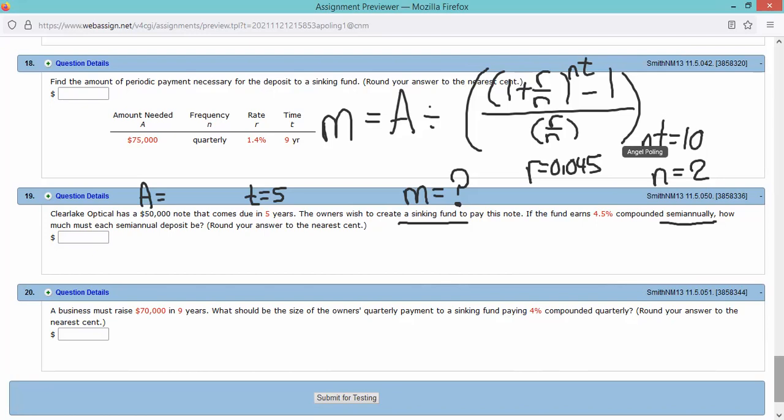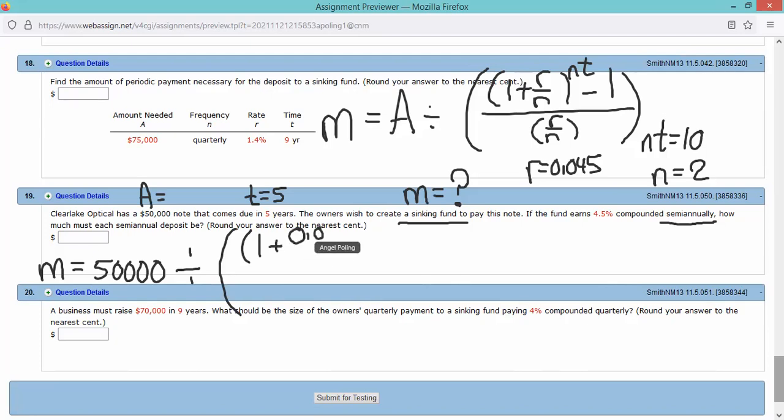Okay, so M is 50,000 divided by 1 plus 0.045 divided by 2 raised to the power of 10, take away 1, divide by 0.045, divide by 2.